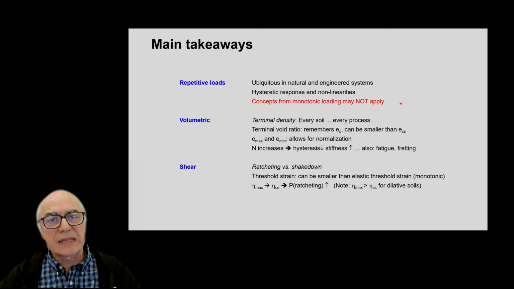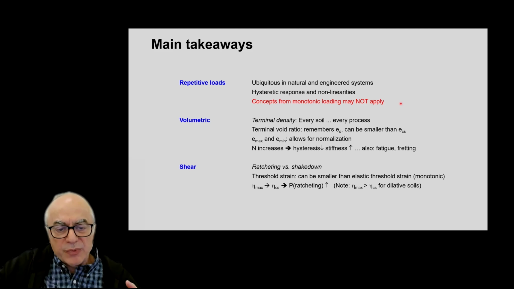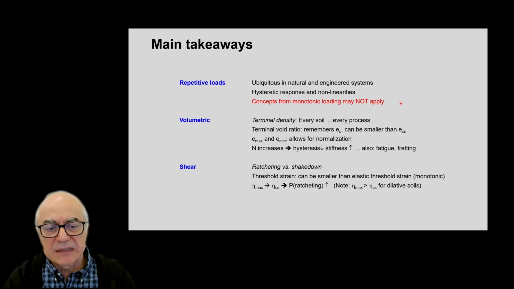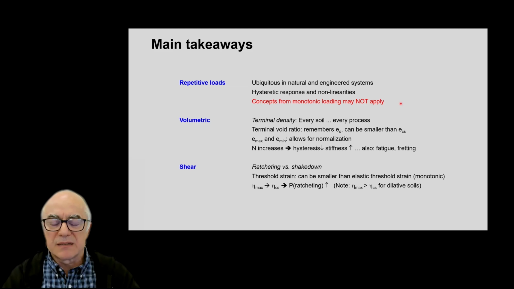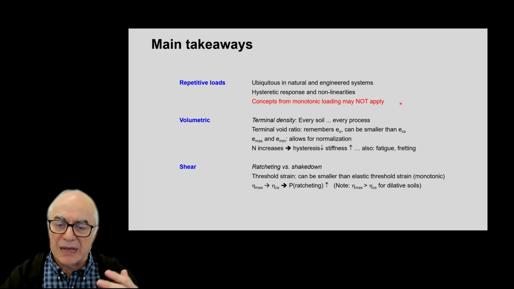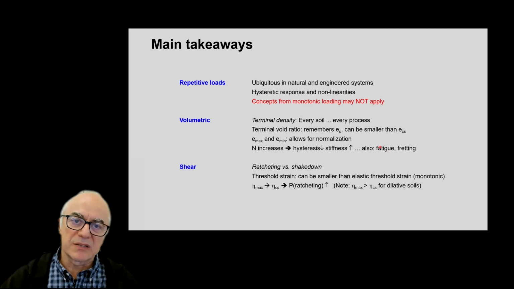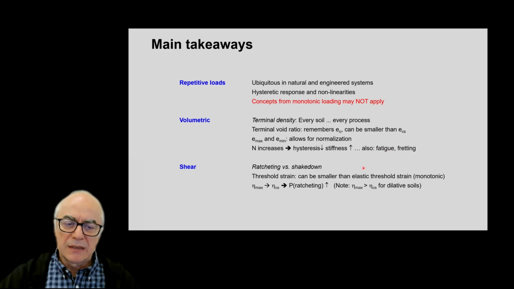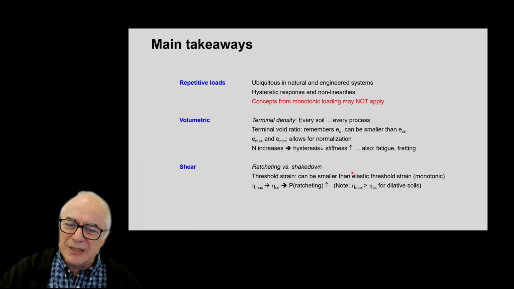That is a state of shakedown. Or the material may continue accumulating deformations in every cycle. That is ratcheting. And as I mentioned earlier, the threshold strain may be smaller than the elastic threshold strain that we had come to acknowledge in the earthquake engineering literature. When does a system go to ratcheting?